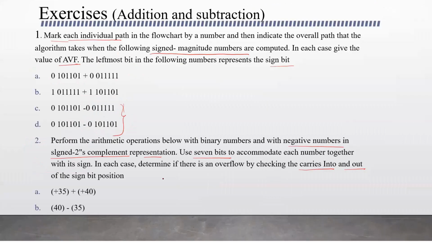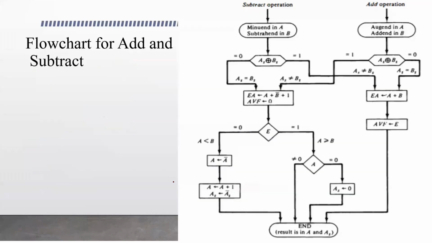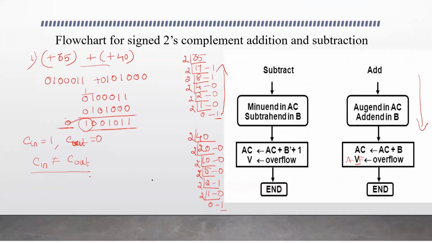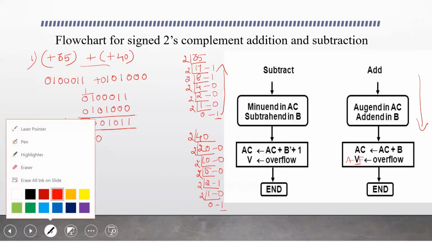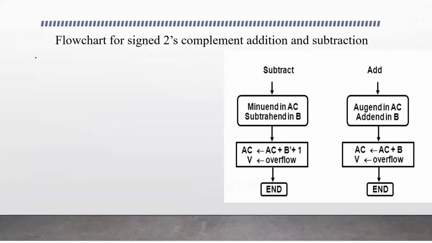And the second question, 40 minus 35, that is plus 40 minus plus 35. What is 40?